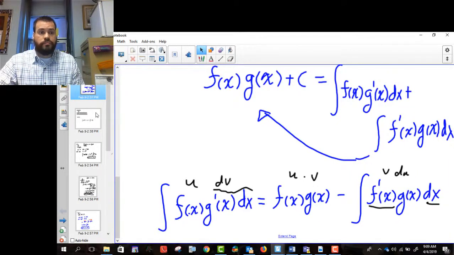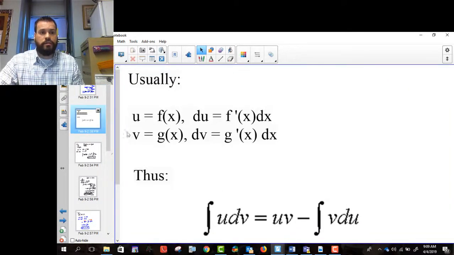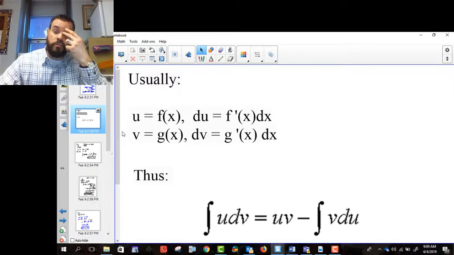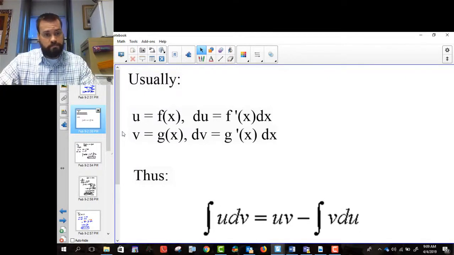So we get this statement: the integral of u dv is equal to u times v minus the integral of v du. And what it's allowing us to do is integrate a product. That's what we're trying to do.